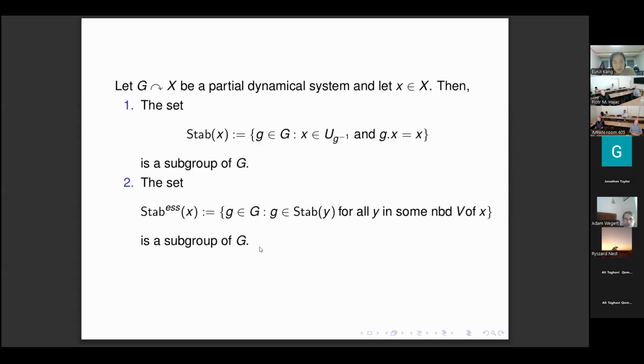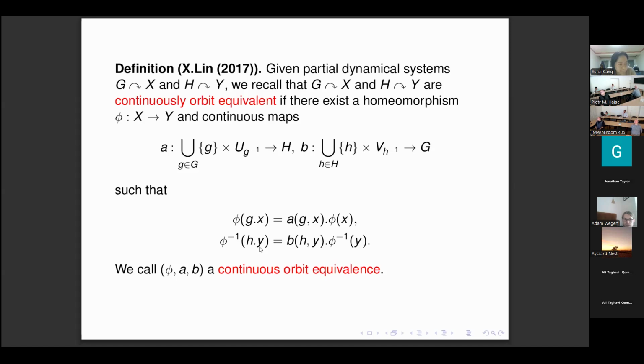But just a quick question. You have your map which is defined on this disjoint union. So for every element in your group, you have some open set. So the map from this disjoint union being continuous means that you have a collection of maps and each of them should be continuous, yes?